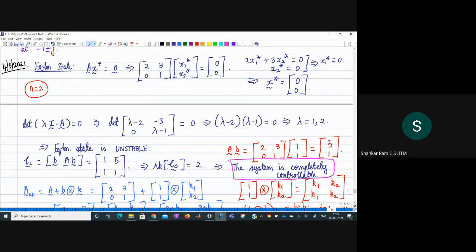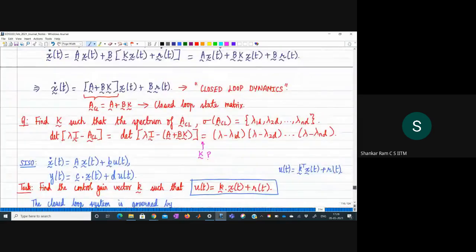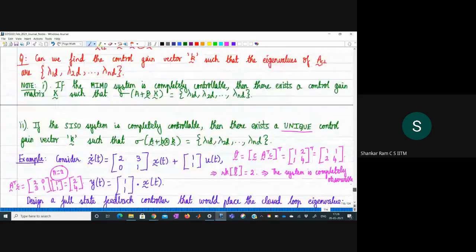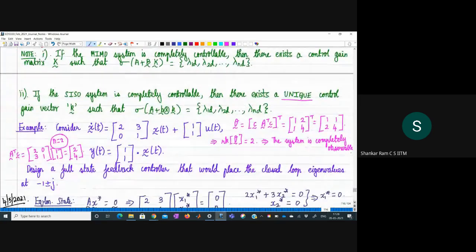In fact, a realization which is both completely controllable and completely observable is called a minimal realization.